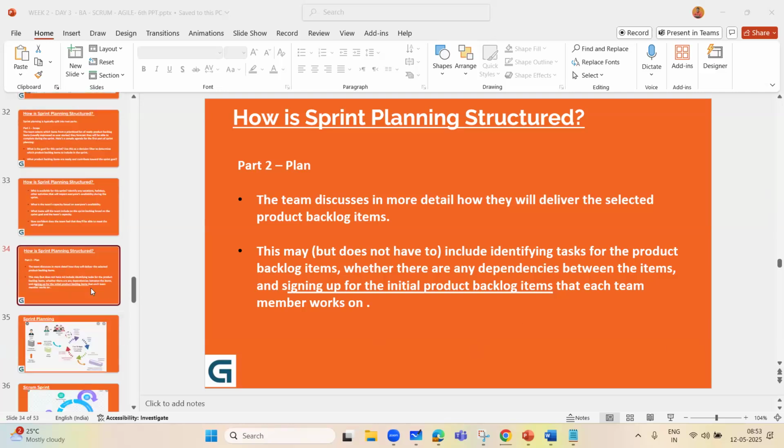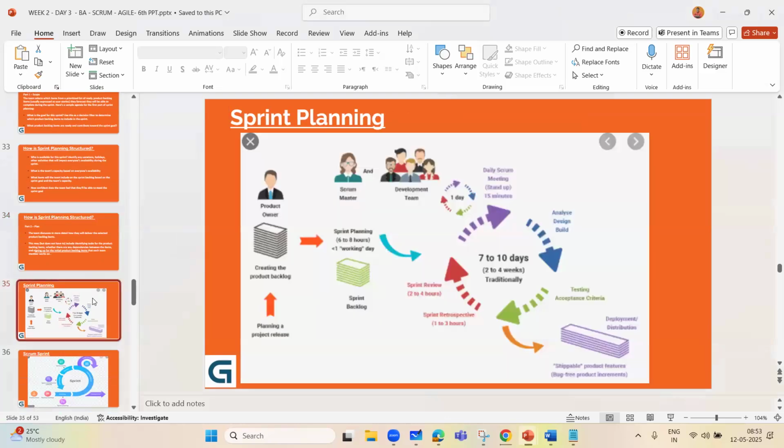Having said so, you need to understand as a product owner what high level product backlog you have already written. You have spoken with the customer about how frequently they are seeking releases. Then in the sprint planning meeting, you will define the sprint backlog. The Scrum Master will chair or facilitate this meeting.